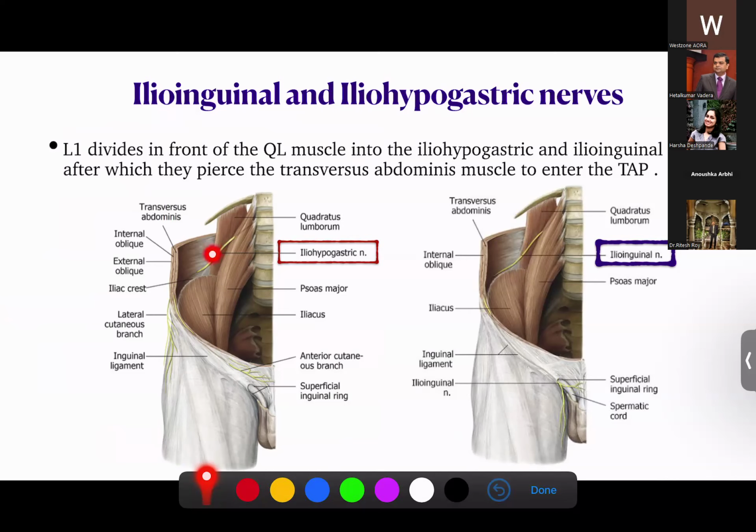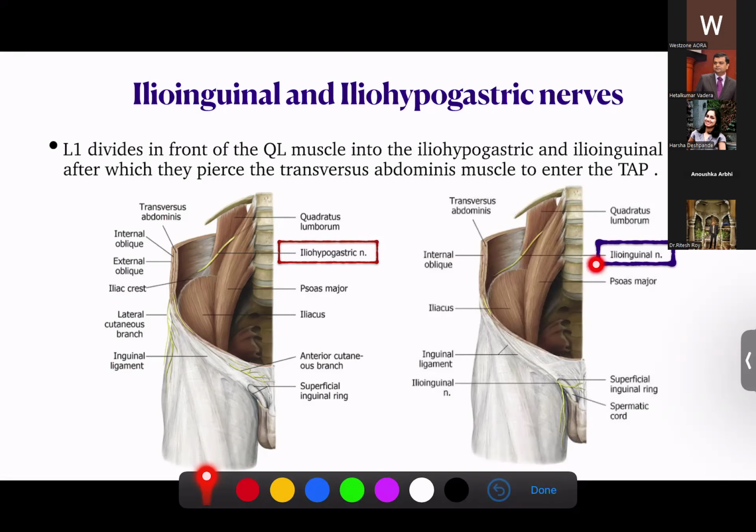Now the iliohypogastric nerve immediately enters the TAP plane, travels in the TAP plane and then pierces the internal oblique near the anterior superior iliac spine and becomes superficial near the superficial inguinal ligament after piercing the external oblique muscle. It supplies the skin over the suprapubic region. It also has a lateral cutaneous branch which supplies the upper and the lateral part of the gluteal region.